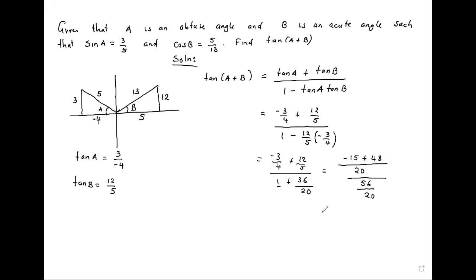If you do the addition down here, and then that is 33 over 20 multiplied by 20 over 56. So we get 33 over 56. The terms which have played the critical role here are the terms obtuse and acute.